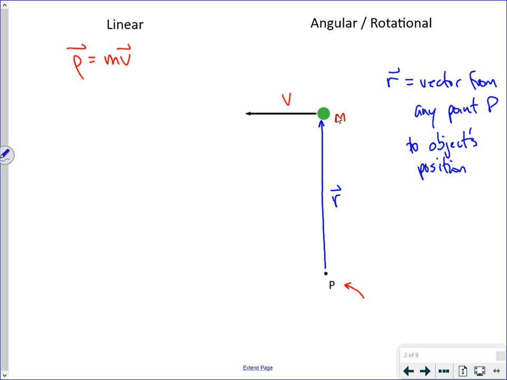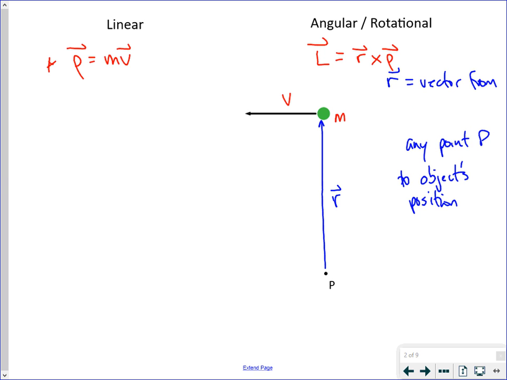Well, there's another definition of angular momentum. And that definition is a vector equation, just like this is a vector equation. And that vector equation is that angular momentum is, well, we write it like this: r, not times, but r cross p.